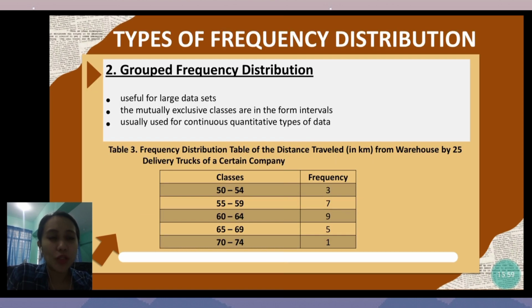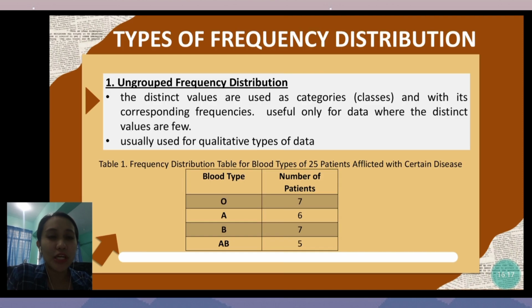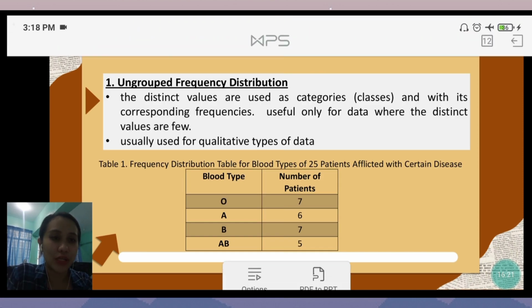The grouped FDT is useful for large data sets. The mutually exclusive classes are in the form of intervals. So you see here, the classes form intervals: 50 to 54, 55 to 59, and so on.